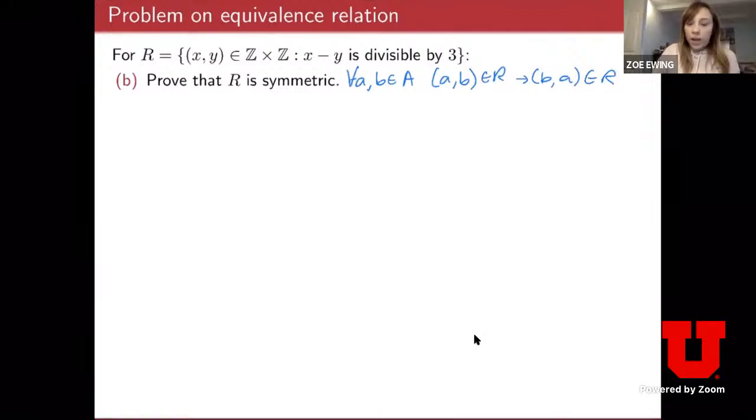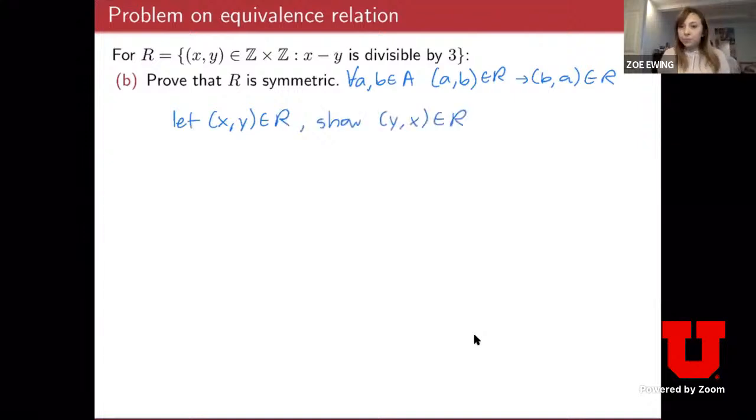So let's go ahead and just let some xy be in the relationship. And we want to show eventually that yx is in the relation. Similar to how we did it last time, we're just going to start by plugging in x minus y, except this time we know that it already is in the relationship. So we're going to set it equal to 3m, where m is an integer.